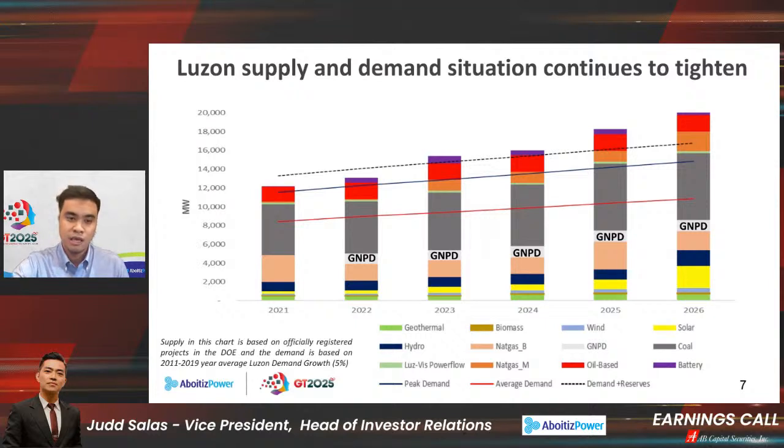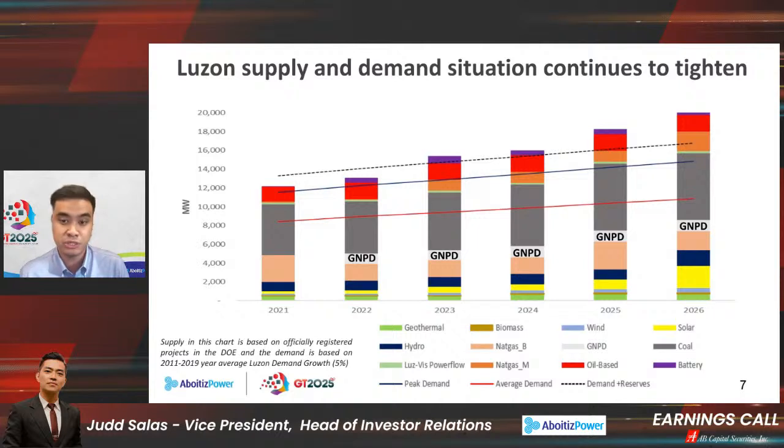2026. And amidst this evolving supply and demand situation, which includes other external issues, one of which is the impact of the DOE moratorium on the building of new coal plants, the challenge now is to find a reliable, cost-efficient, and suitable baseload replacement for coal plants, which at present, other technologies like RE cannot efficiently fulfill.